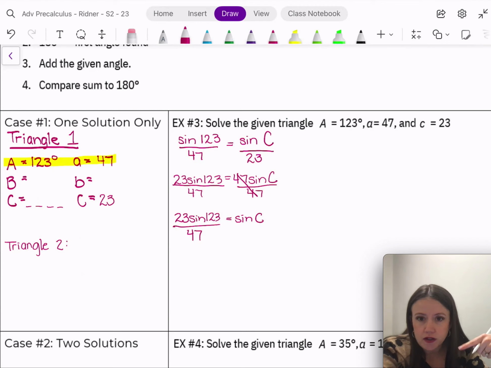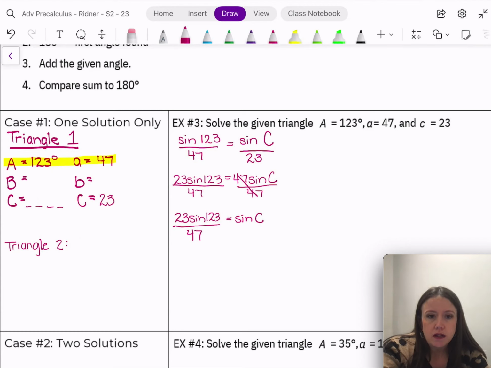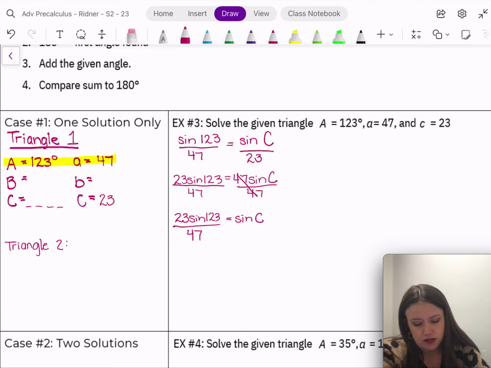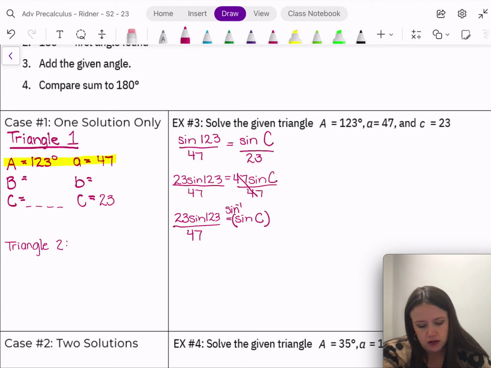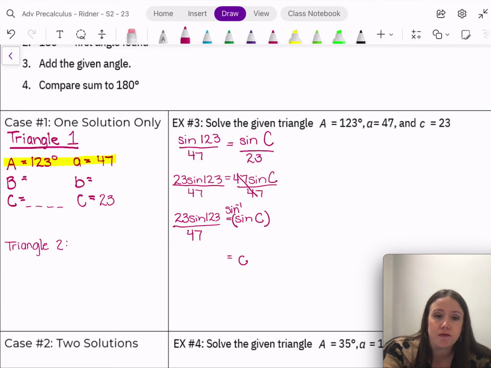Now, inverse of addition is subtraction, inverse of multiplication is division, inverse of square root is squared. But the inverse of sine is not dividing by sine. Please don't do that. Please don't do that. The inverse of sine is just really original here. It's called sine inverse, and it's sine to the negative 1. So that is how we cancel the sines out to leave us with just C.